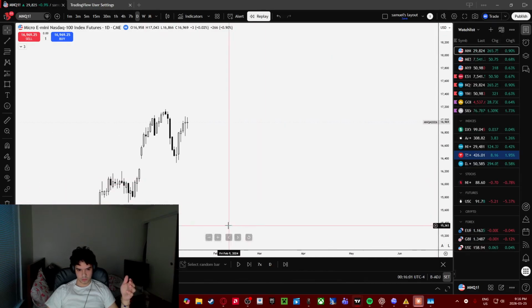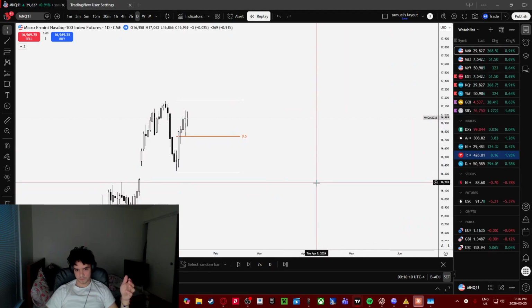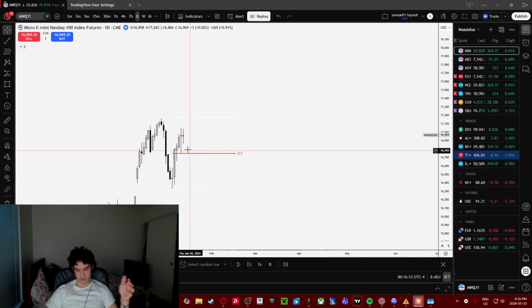If we skip forward right now, we see that we have the dealing range, which is this low to this high. We can still trade this given that we're in the daily time frame. We don't really need to anticipate a breakout from this to that. That's only applied to the lower time frame.